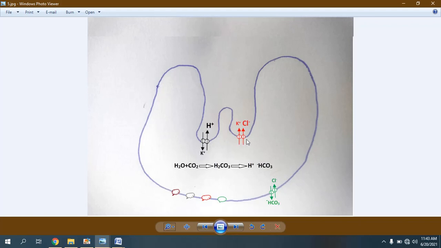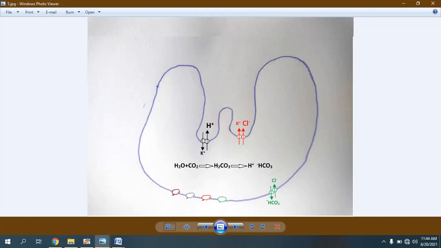Similarly, over here you can see two channels. These channels are made adjacent, but these are not normally adjacent to each other, and these channels have nothing to do with each other. This channel is responsible for the secretion of chloride, and this channel is responsible for the secretion of potassium. So you can see over here that this potassium is secreted over here, and that potassium is absorbed over here. This potassium is in a continuous cycle.